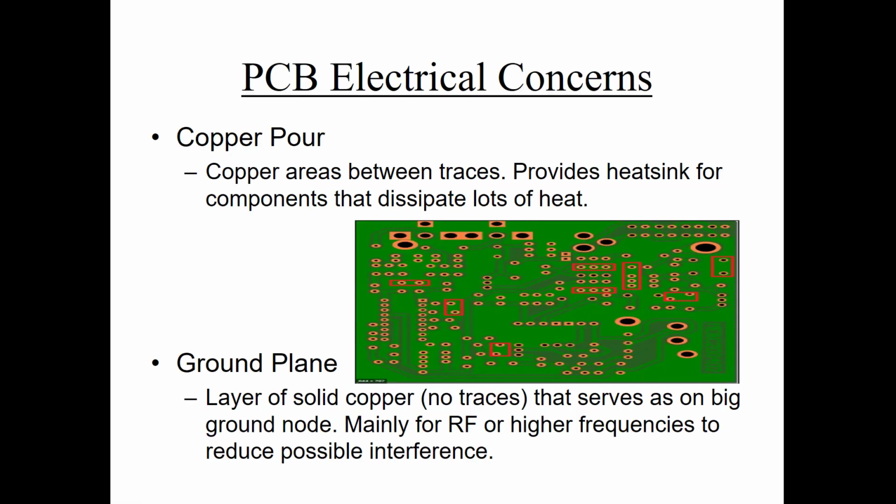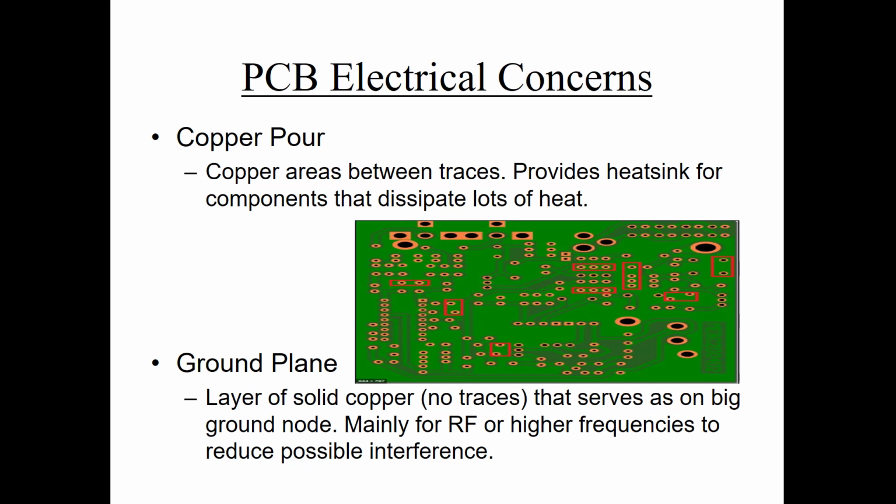Okay, also some electrical concerns with a printed circuit board. We have what's called a copper pour and also a ground plane. Now, in my intro video to the lab, I believe it's lab 4, where you do the continuity tester printed circuit board design, I mentioned how Jeffrey Blum, who has a couple of videos on how to use Eagle. Well, in those tutorials, he mentions a copper pour and a ground plane.